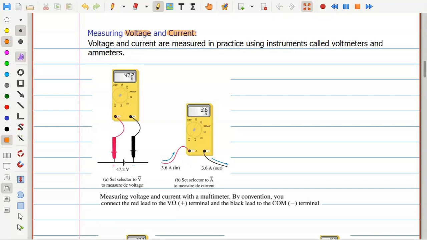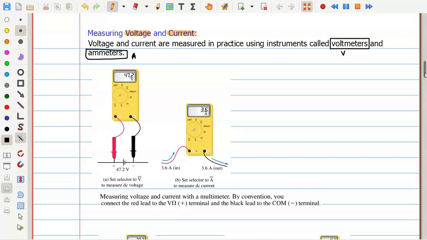Here I want to emphasize these things with the help of a multimeter, or simply a voltmeter or ammeter. To measure the voltage we use the voltmeter, to measure the current we use the ammeter. These are the devices which give us how much voltage or current is in the circuit, in terms of volts and amperes.